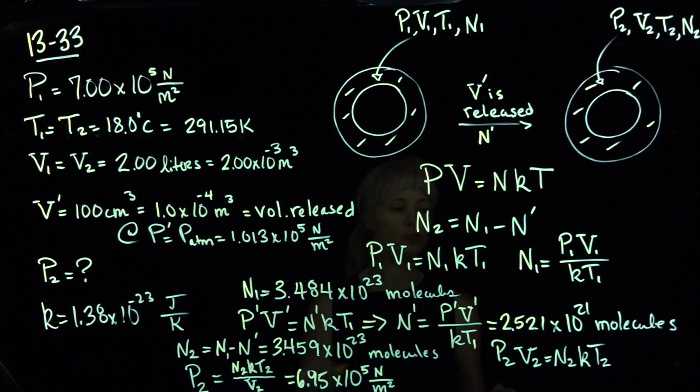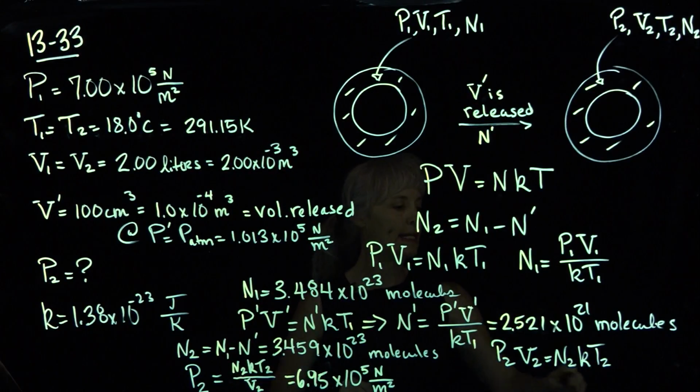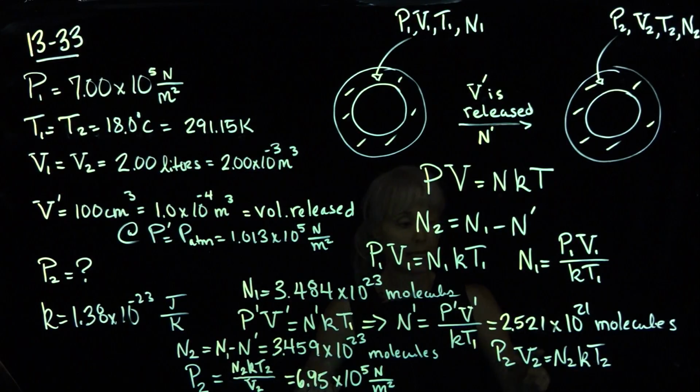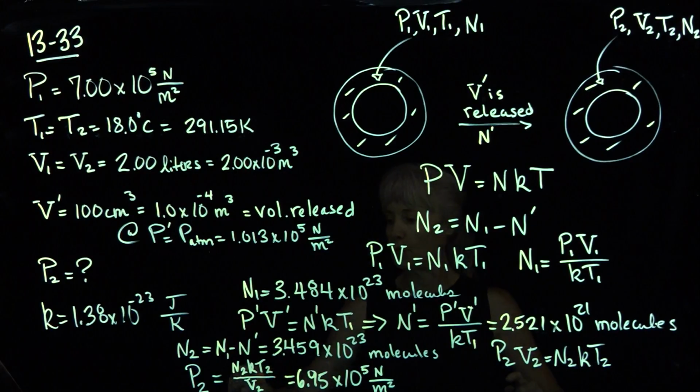Now we have N2. So again, coming back to the ideal gas law and writing it now in terms for the gas contained in the second situation, rearranging for P2 in this case, we have everything but P2 at this point.